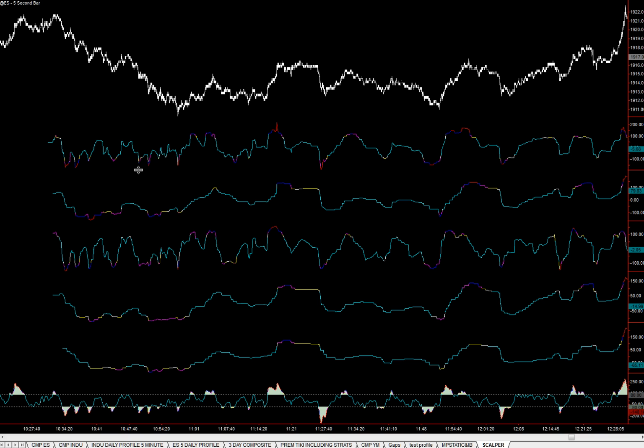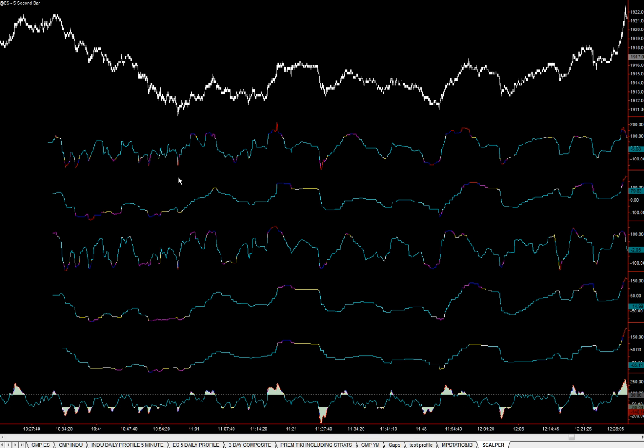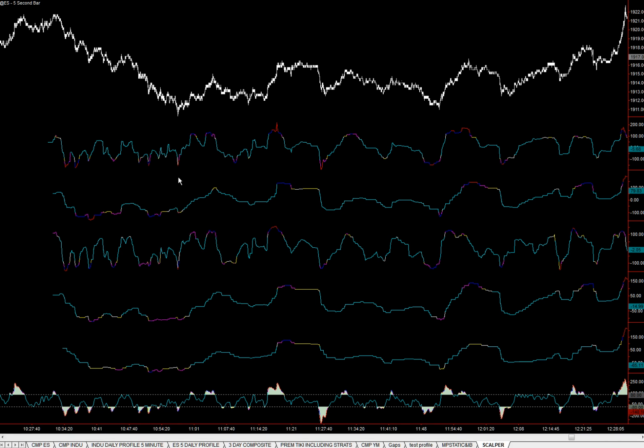Now, although this turns out to be the low of the day, right in here, we still wouldn't know that at that particular moment. But you can see a significant divergence that was developing. We're in an oversold condition here, but look at where the indicator is.